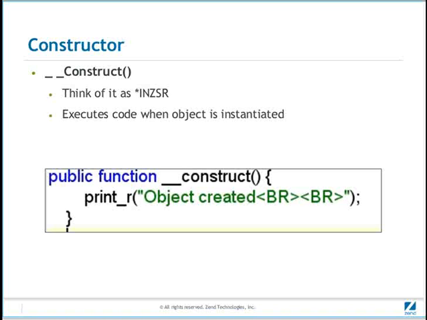As soon as I do the new customer, as soon as I instantiate that object, the constructor method fires. So it's just like in the RPG realm, where I have a *inzsr subroutine. When I fire up my RPG program, boom, I know *inzsr gets fired, and it always gets fired once when I fire up the program, right? So the constructor method is just like *inzsr. And what the constructor does, it doesn't build the object.